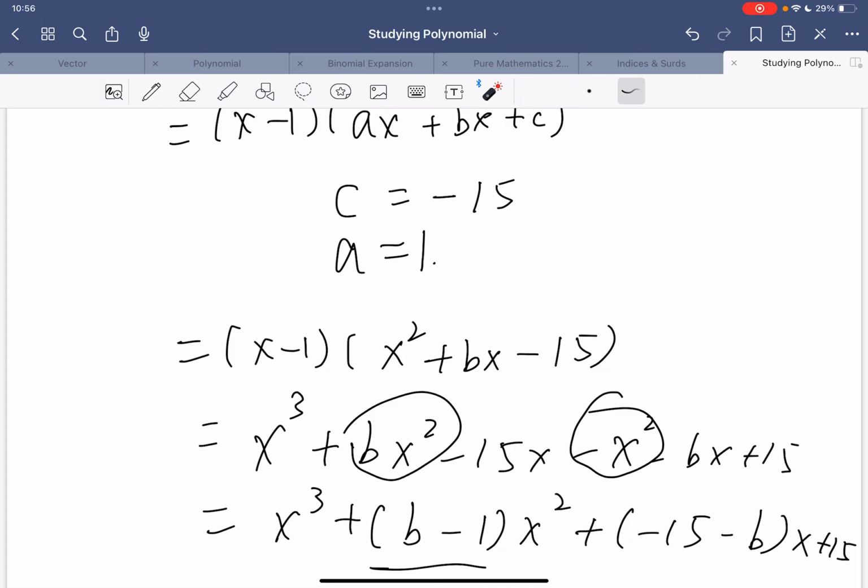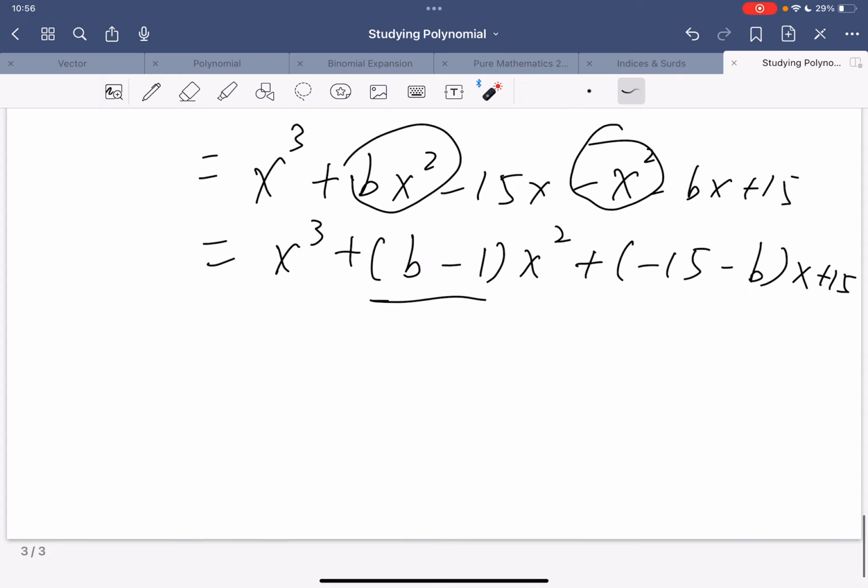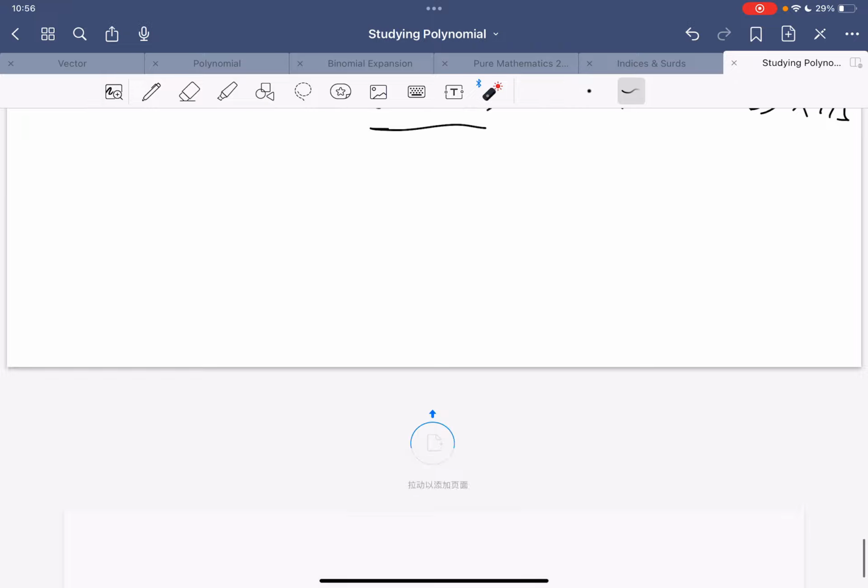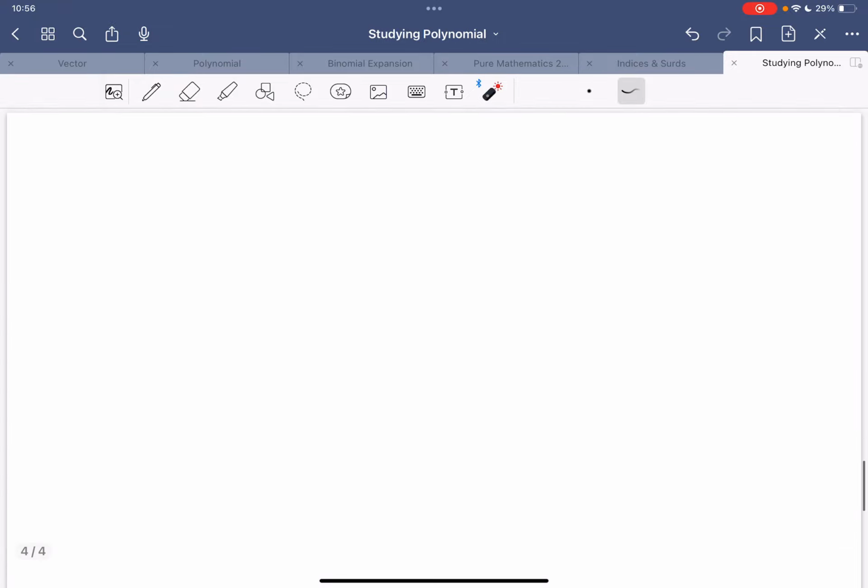Okay, lastly, what we are going to review is the remainder theorem. As for the remainder theorem, we should take a look at a different story, but it's quite similar.